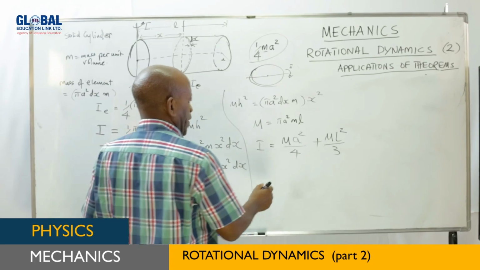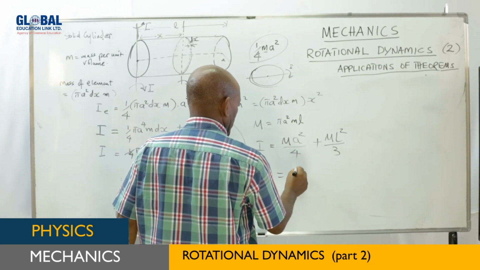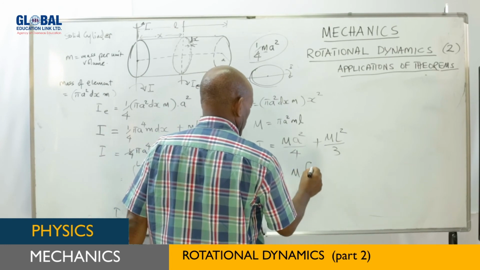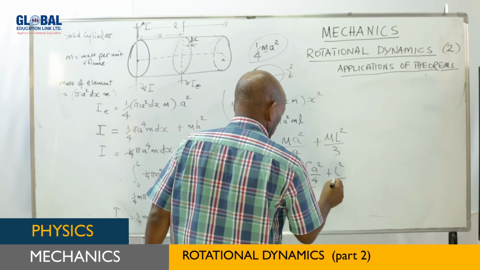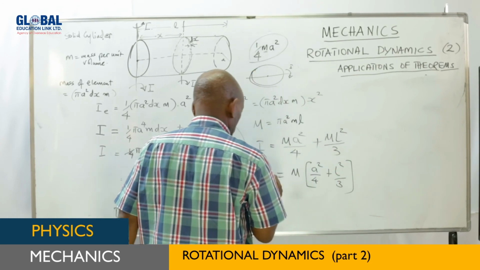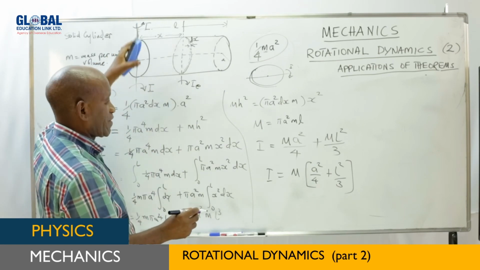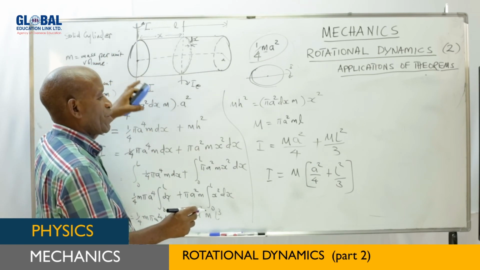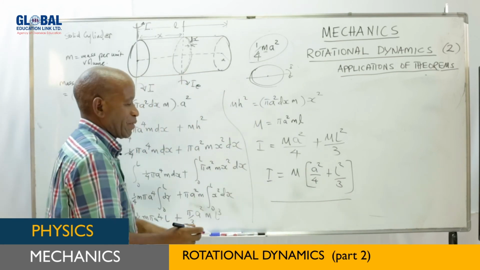We can simplify this: M can be taken outside, and inside we have a squared over 4 plus L squared over 3. This is the moment of inertia of a cylinder about an axis passing through its diameter at one end, given by this particular expression.